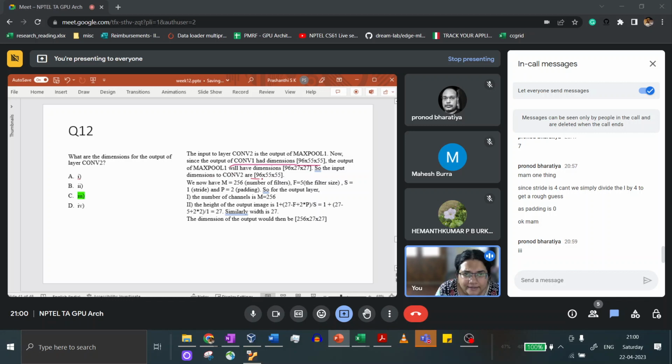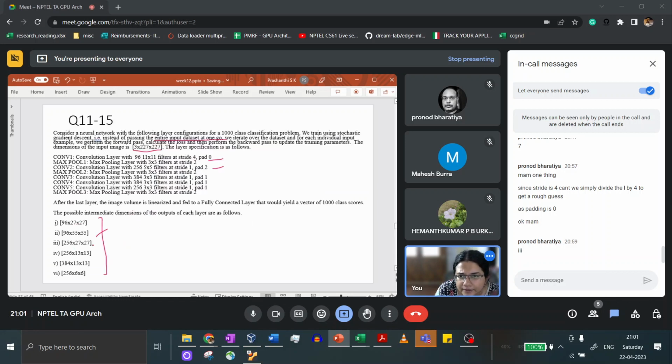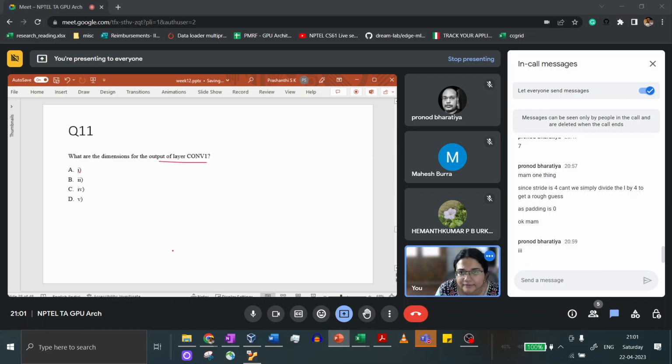So you get this, and then you have 256 filters. So you're going to have 256 channels, and you have a filter size, a stride and a padding, right? So use the same formula. You already have this. You figure out the width and the height. So you end up with 27 into 27 into 256, which is your option 3.